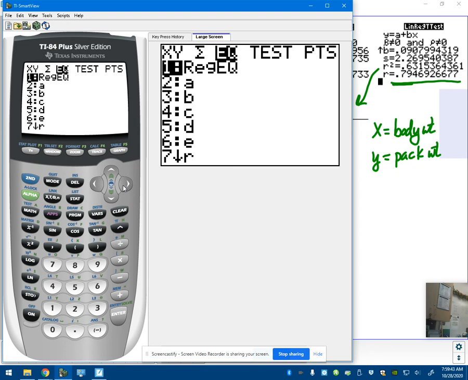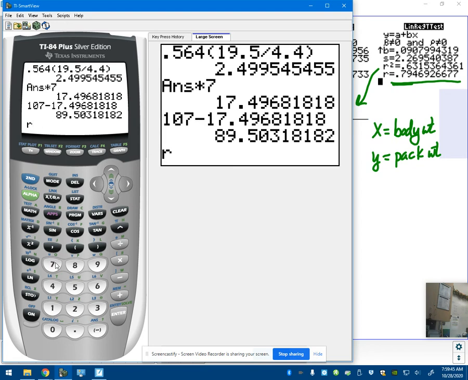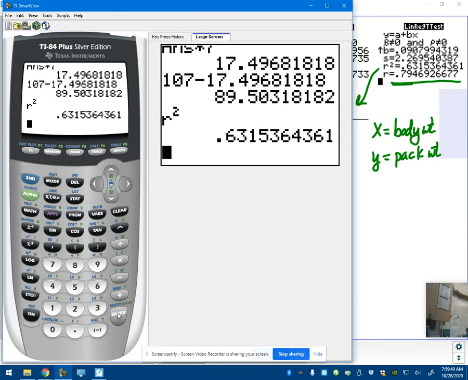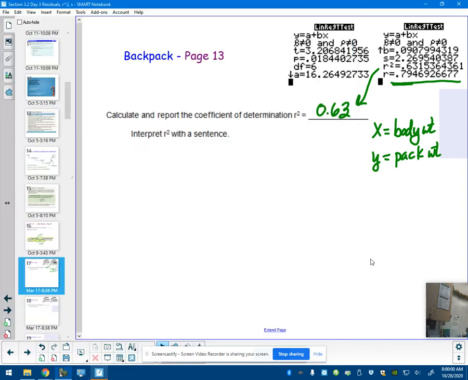Yeah, there's R, number 7. So if I hit number 7 squared, it should give me 0.79. Oh, no, it should give me the 0.63. Because 0.79 is R, and R squared is 0.63. So you can find all those pieces in your calculator. Norman stores everything.